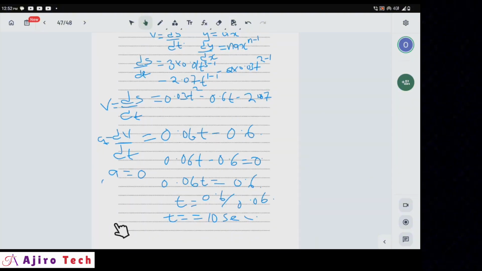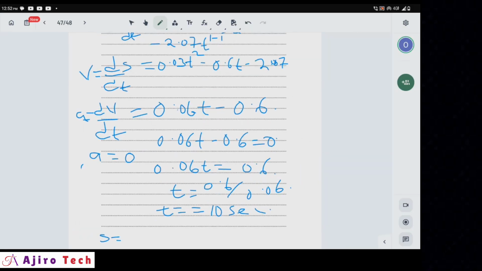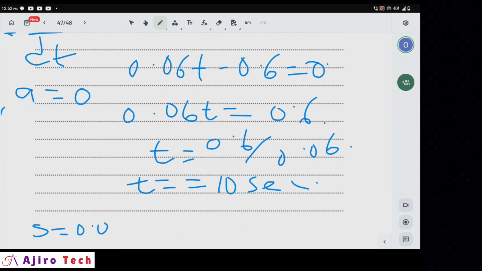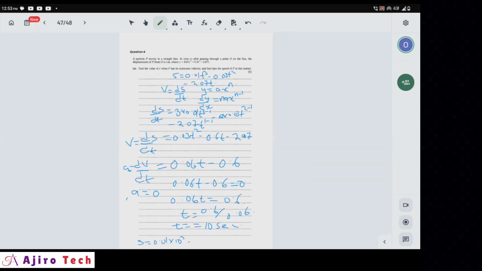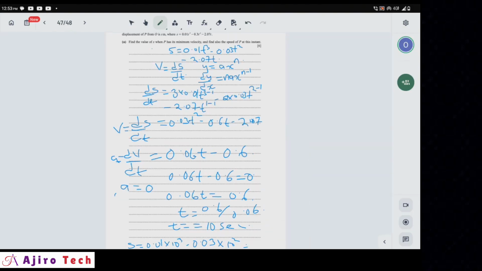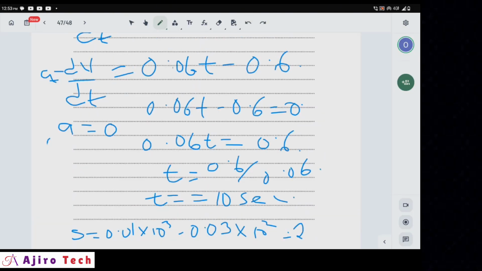So my x will now be 0.01 times 10 raised to power 3 minus 0.03 times 10 raised to power 2 minus 2.07 times 10.